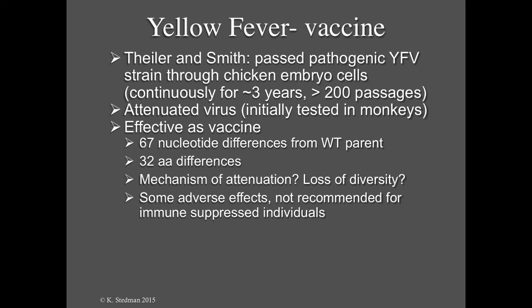So a major breakthrough involved the work of Taylor and Smith, in 1934 or thereabouts, who developed a yellow fever vaccine. This was done by taking yellow fever and passing it through chicken cells. They did this continuously for about 3 years. They would infect the chicken cells, collect the virus that came out of it, and infect a set of naive chicken cells.